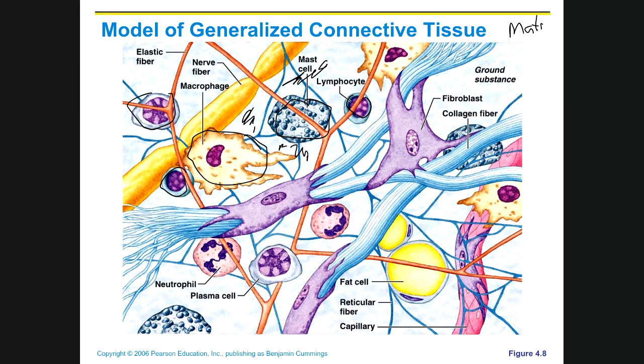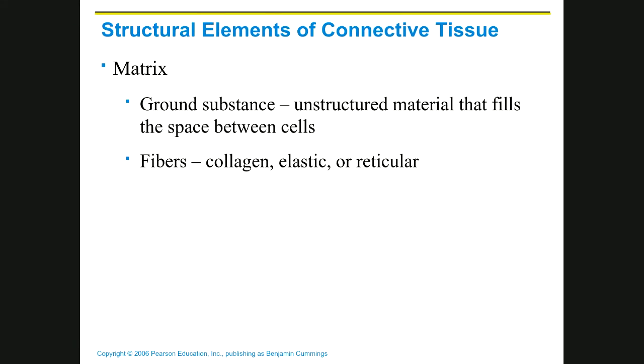Well, if we look at matrix, it has more than one thing in it. Matrix is composed of two things. One thing is called ground substance. So ground substance is sort of the filler material. It fits in between everything else. It's unstructured.